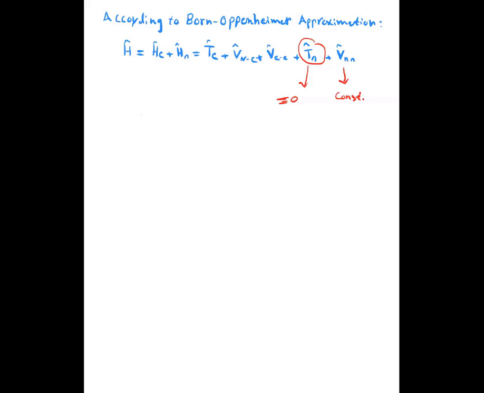So the Hamiltonian now will really equal only these 3 terms, which simply represent the electronic Hamiltonian: T e plus V e N plus V e e. These are the only 3 terms according to Born-Oppenheimer.